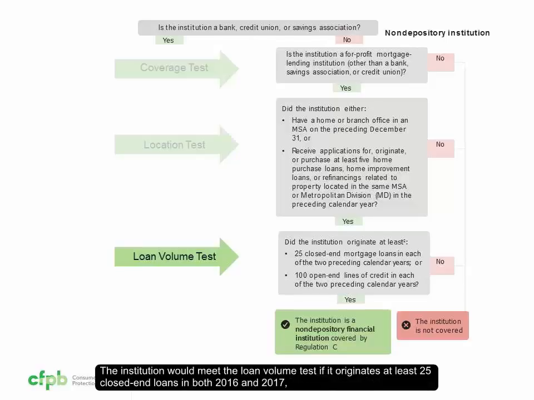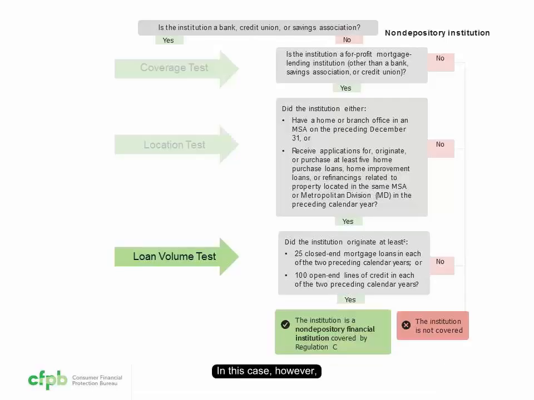The institution would meet the loan volume test if it originates at least 25 closed-end loans in both 2016 and 2017, but did not originate at least 100 open-end lines of credit in both 2016 and 2017. In this case, however, the institution would be required to report information only about its closed-end lending.